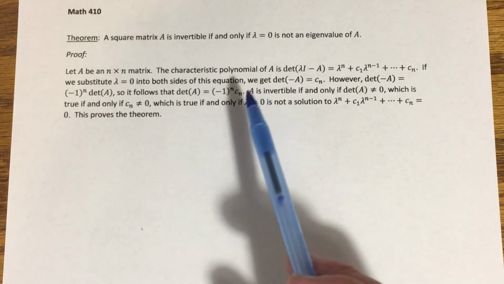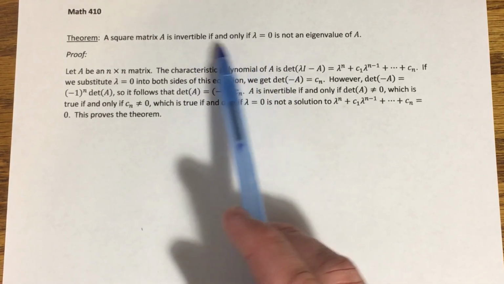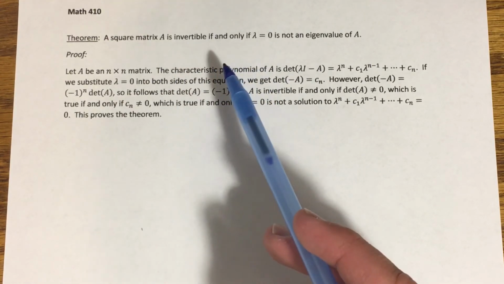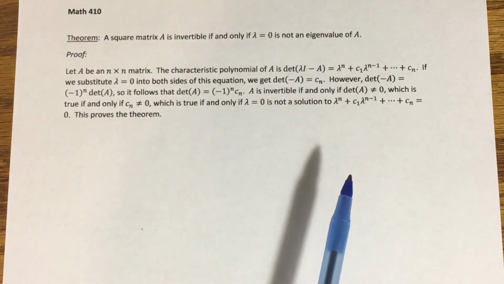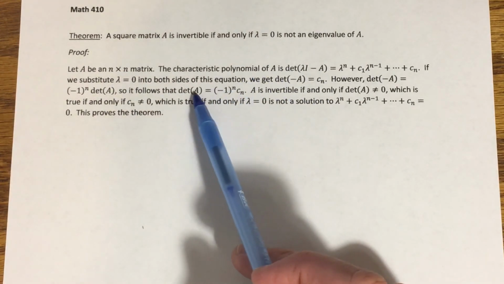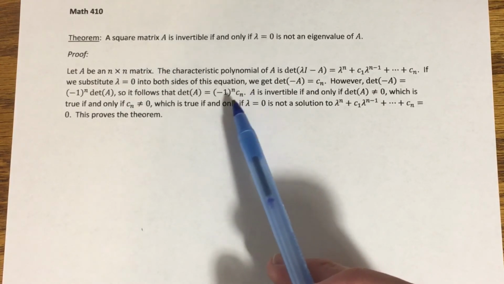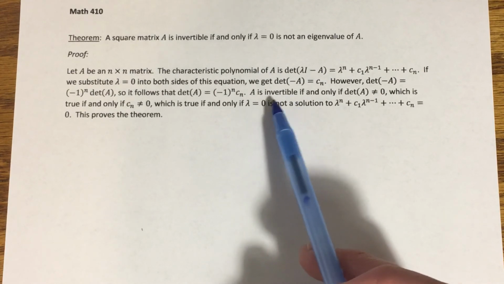So notice I didn't break this down into two if-then statements. What I wanted to do is just see what happens if I plugged 0 into my characteristic equation. And what that reduced down to was this. So now we're going to look at the question of invertibility. This is from our equivalence theorem.